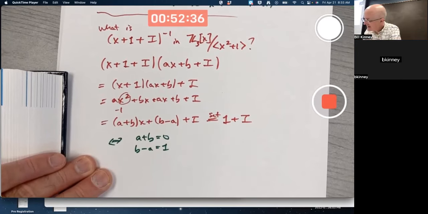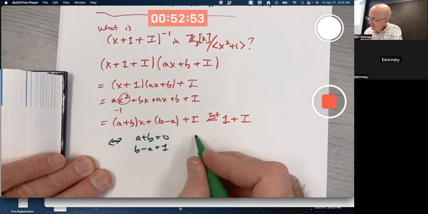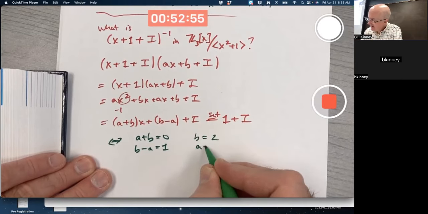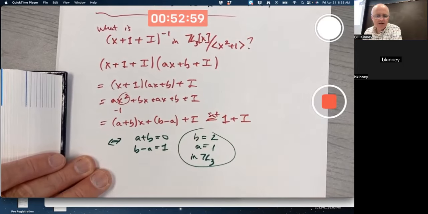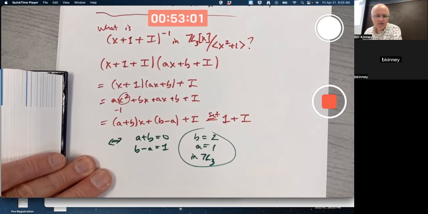It doesn't seem like it, does it? Oh, wait, no, not just 0, 1. 0, 1, or 2. How about B is 2 and A is 1? In Z3 is a solution of that system of equations, right? Yeah, that works.